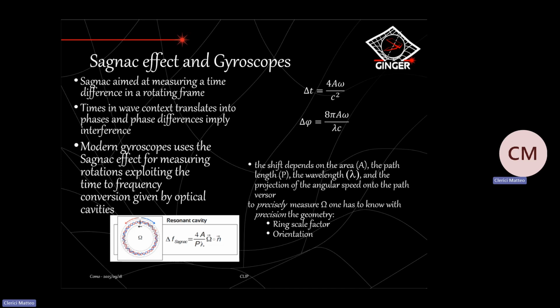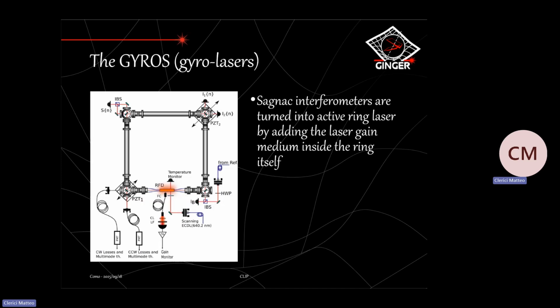If you have a resonant cavity, there are actually two cavities, one in one direction and one in the other direction, and the resonances of these cavities are split apart by the Sagnac effect. So if you have an active medium inside the cavity, the laser medium will see different cavities and will emit at two different frequencies. You measure the difference between these two frequencies and you retrieve the rotation of the system.